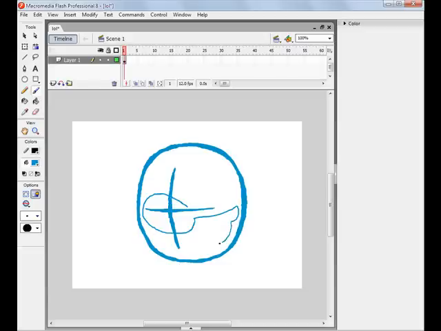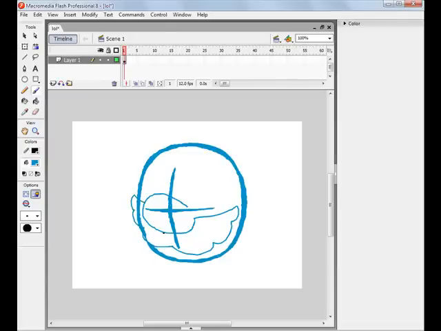So the first one's kind of small, and then the second one gets bigger, and then the third one's like the biggest. It takes probably the most amount of space. And then you follow until the mustache is complete.